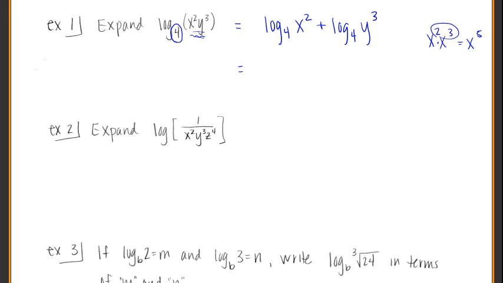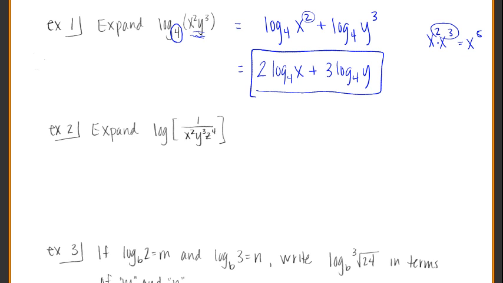And last but not least, there's a property that says if what you're taking the log of has an exponent, we could leave it there or we can move that exponent to the front. So 2 log base 4 of x plus 3 log base 4 of y. And that is a way that we can expand that single log into two logs.